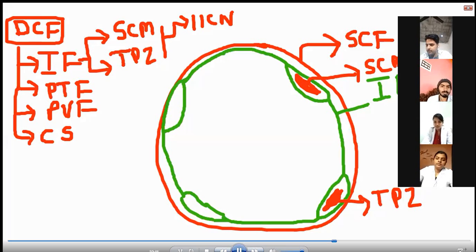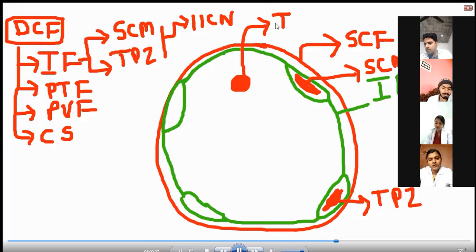Okay. Now see here. I will draw here. This is your trachea. This is which structure? Trachea. I just write T, trachea. Okay.